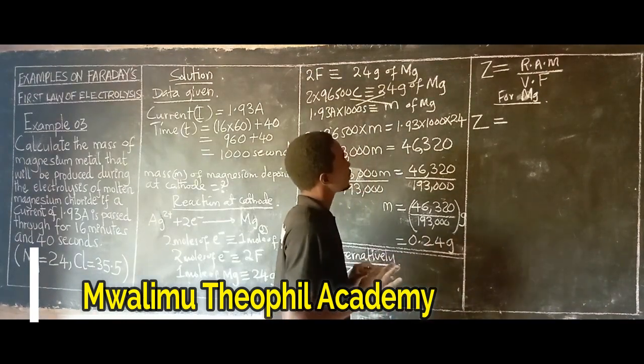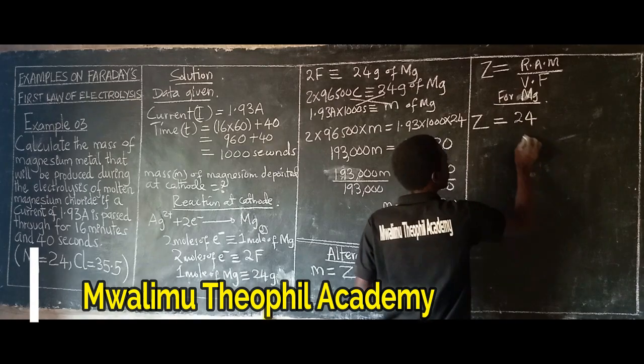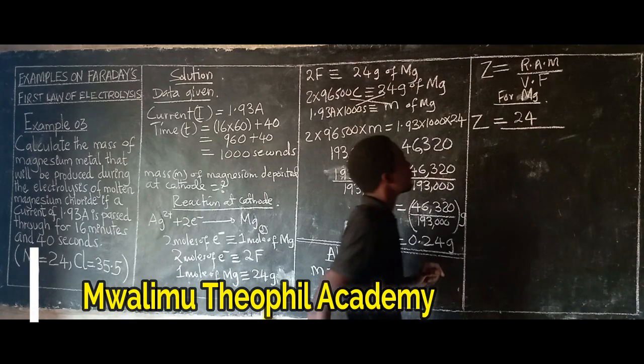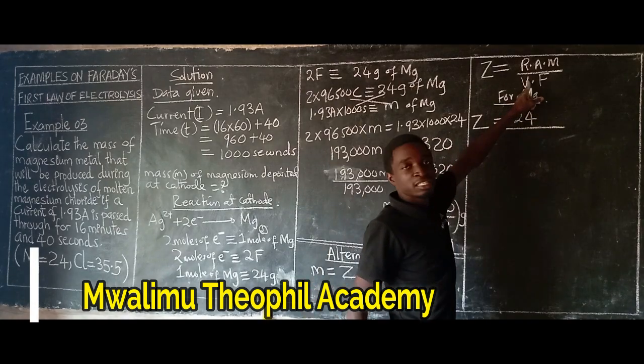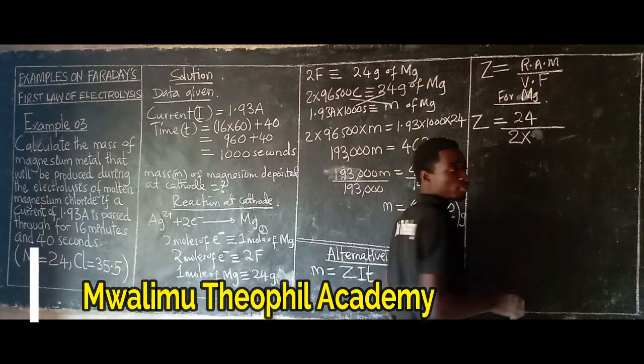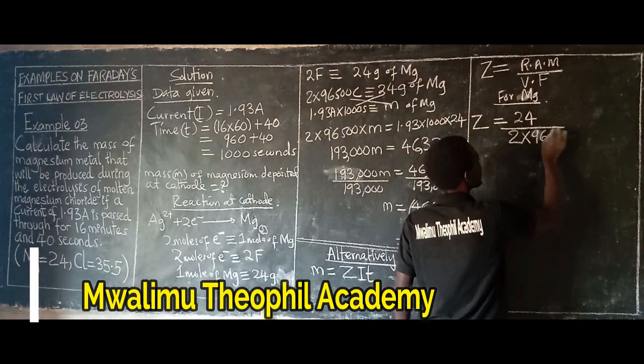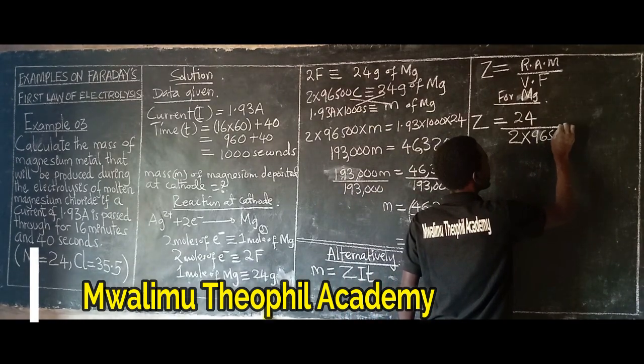The relative atomic mass of magnesium is 24 gram. Now you take 24, you divide by its valence. The valence of magnesium is 2, times the Faraday's constant, 96,500.